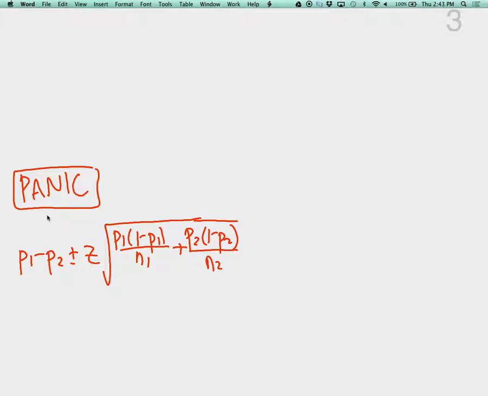The reason that we use PC for phantoms is because we think that using PC gives us a better estimate of the standard deviation of the sampling distribution. That's why. It's a better estimate.